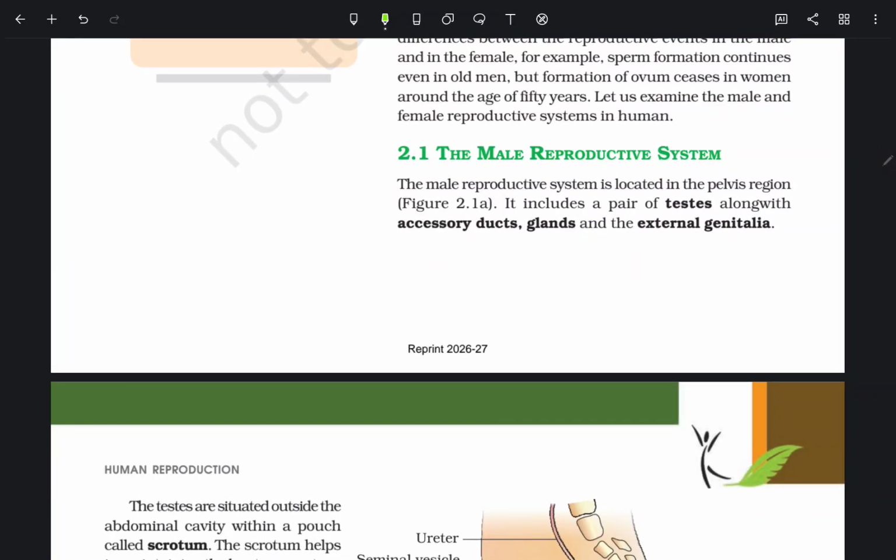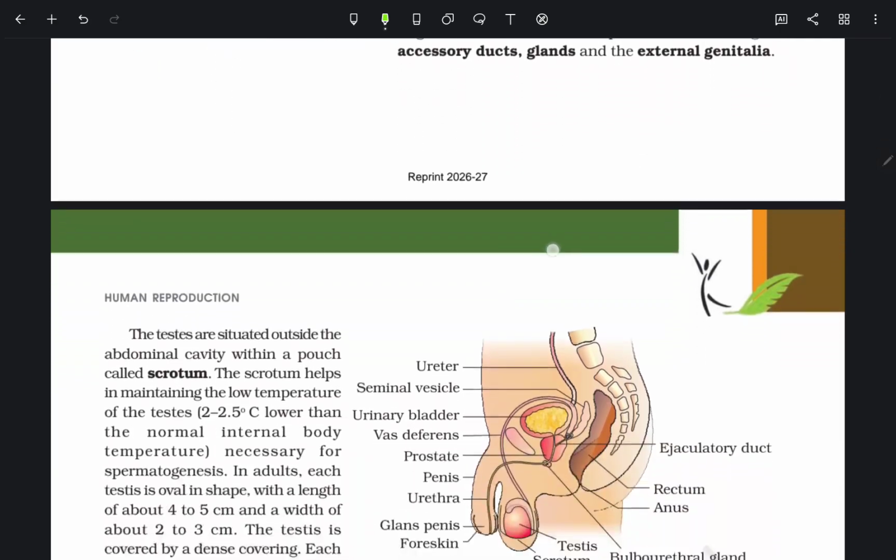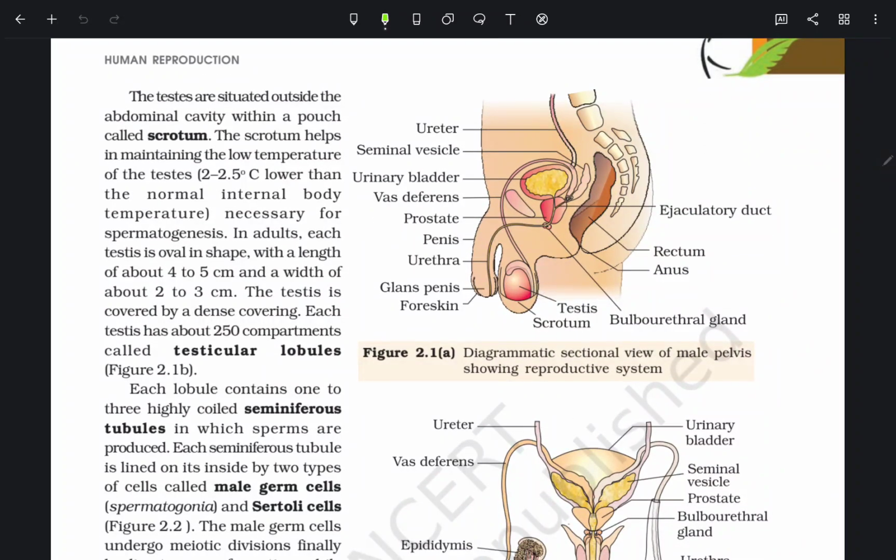The male reproductive system is located in the pelvic region. It includes a pair of testes along with accessory ducts, glands, and the external genitalia. The testes are situated outside the abdominal cavity within a pouch called scrotum.